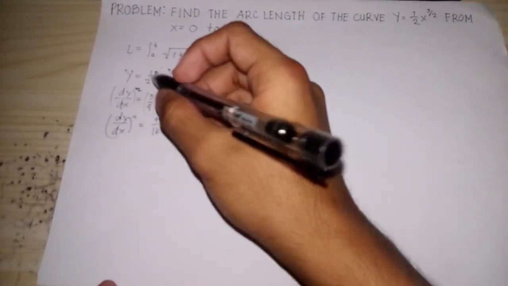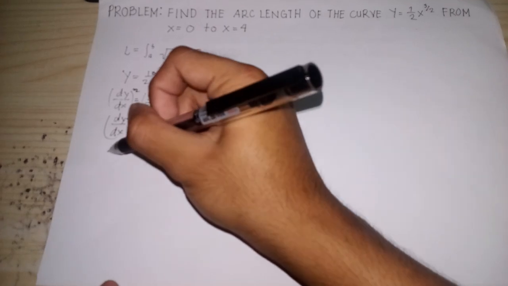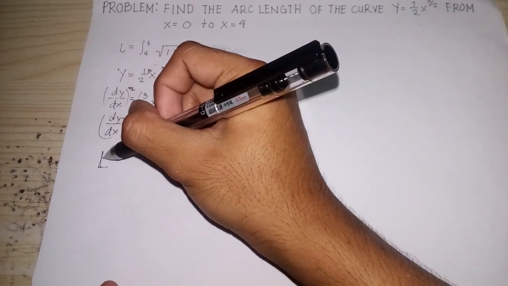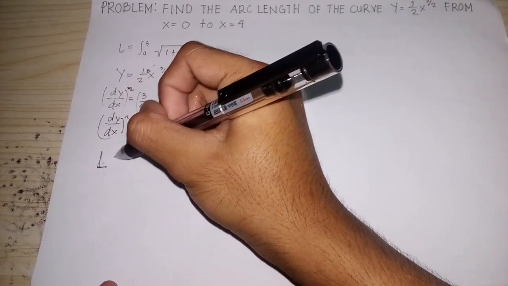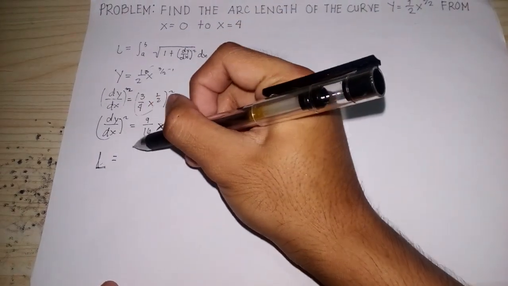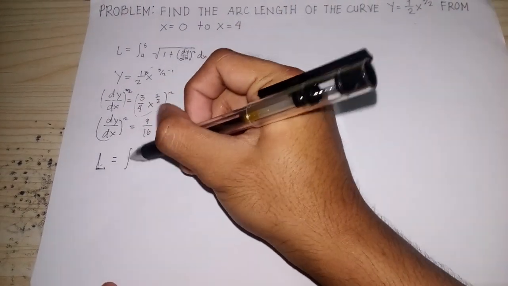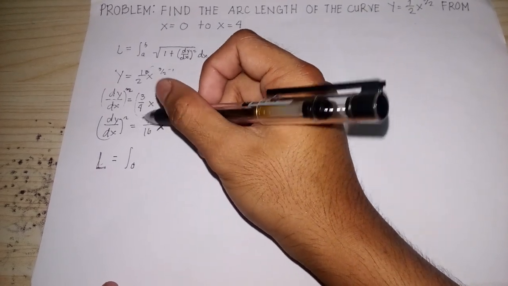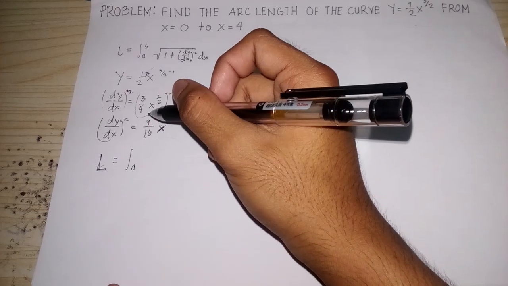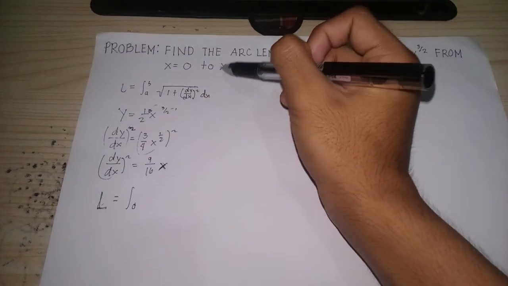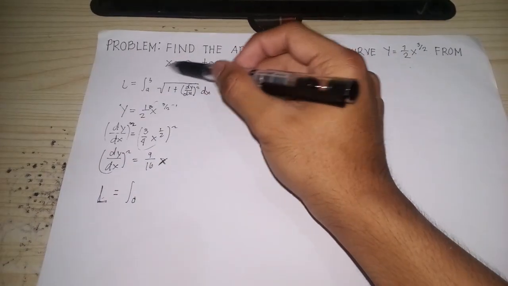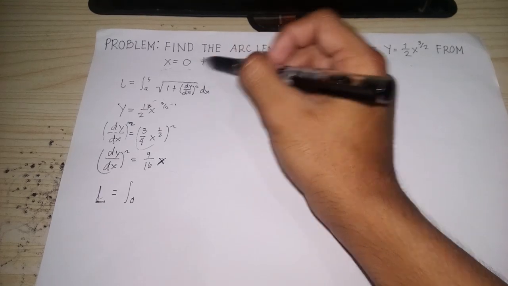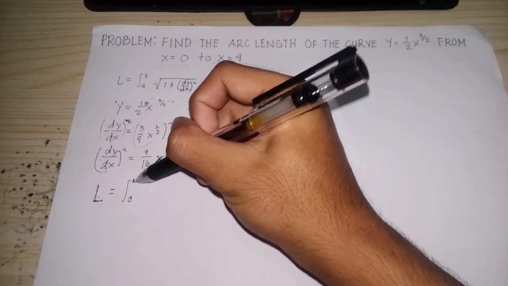So now we just need to plug in this value of dy over dx squared into our formula, from a to b. Our a is 0, and this is our limit here, 0 to 4.